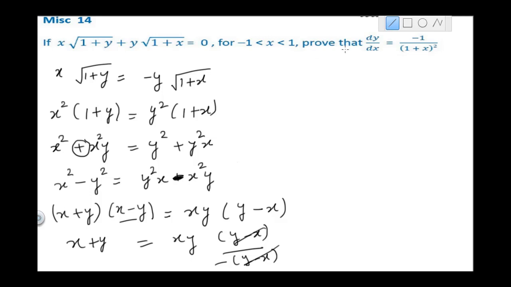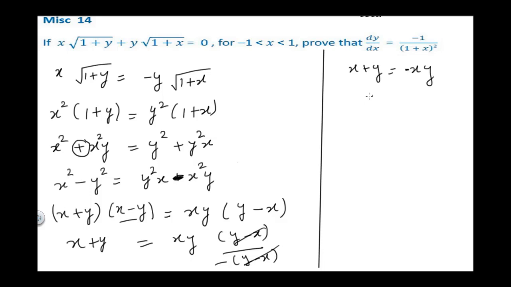Now after doing it, we will have x plus y equals minus of xy. So now we can write it as minus of xy here and x plus y onto another side. So we will shift the term containing x onto another side. Minus xy minus x. As you can see, now if we take x common, I am not going to get an expression for y.